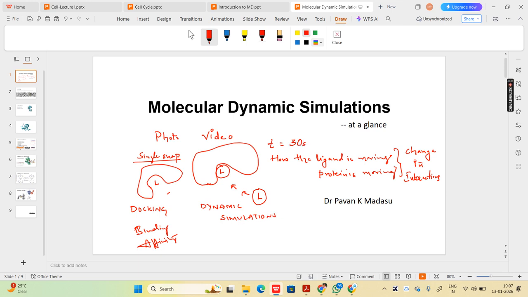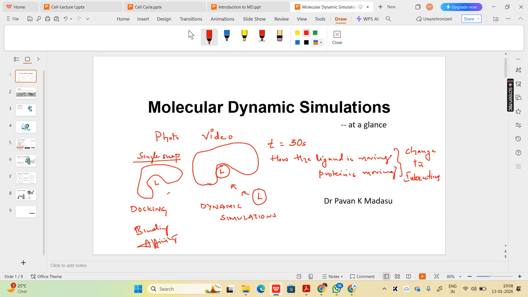At every second, how the energy is changing, how the interaction energy between the protein and ligand is changing. All those things we are going to analyze in molecular dynamic simulations. There are many interesting observations which have been published, so we'll look at each in detail now.